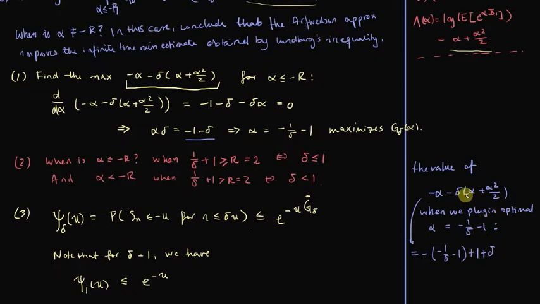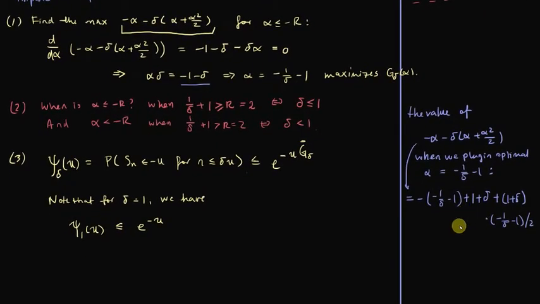And then I have minus delta alpha multiplied by alpha halves. So what I have is plus 1 plus delta multiplied by alpha divided by 2. So multiplied by minus 1 over delta minus 1. And then I divide this by 2.